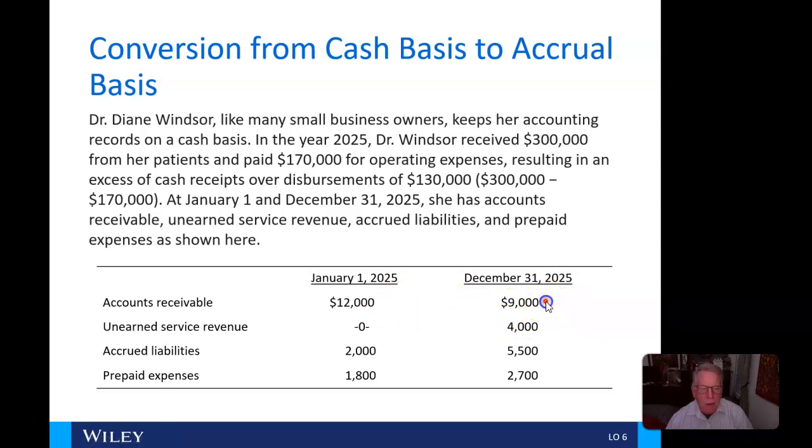At the end of the year, $9,000. Unearned revenue at the end of the year, $4,000. Accrued liabilities in January of $2,000, but at the end of December, $5,500. And prepaids of $1,800 at the beginning of the year and $2,700 at the end of the year.